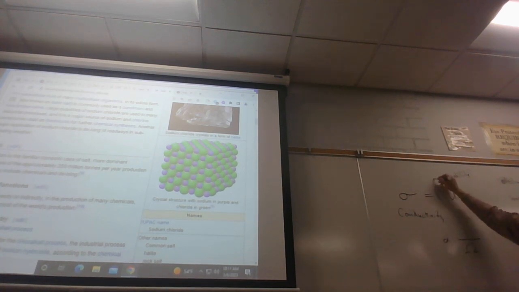And so this is the number. What we call these are the number of carriers. So the carriers could be ions or electrons, whatever. The e is the charge. This doesn't have to be electrons. This is just charge.